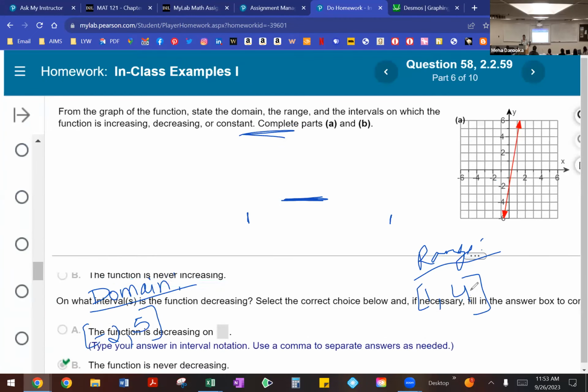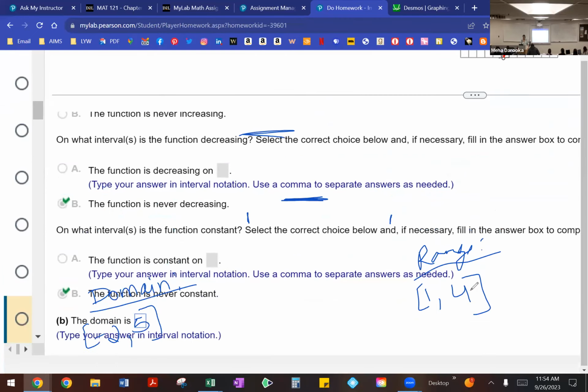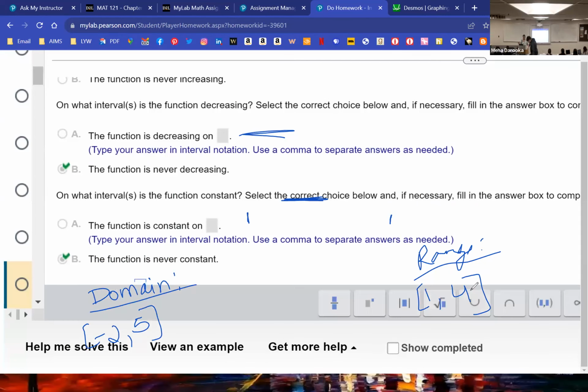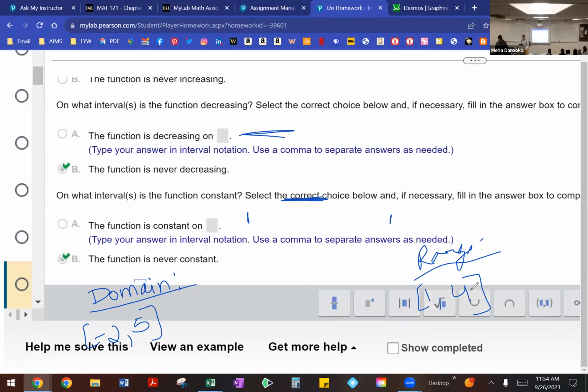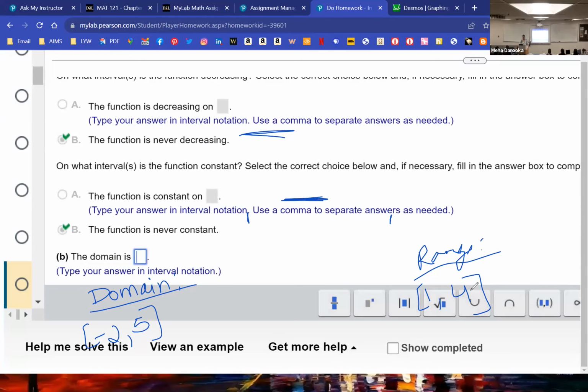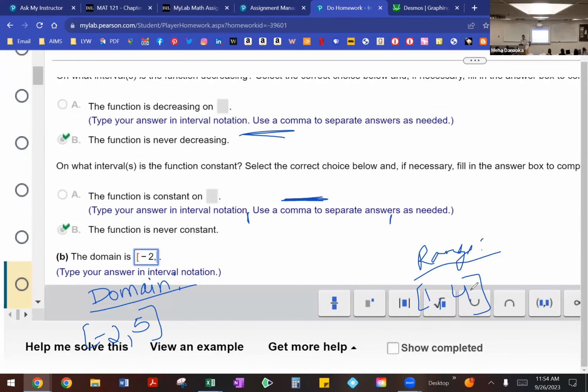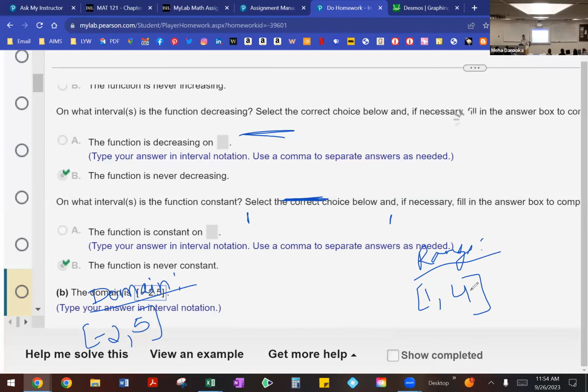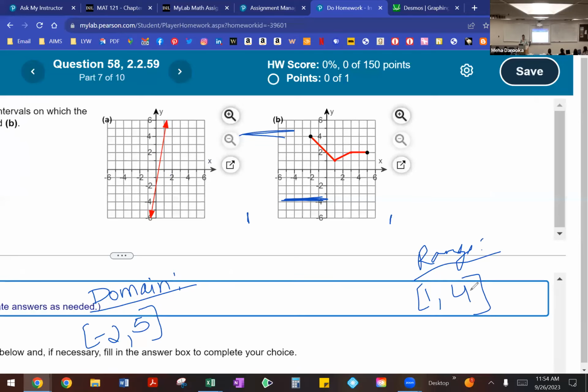Great, so let's begin under domain. The name is bracket, -2, 5, close on bracket. Okay, that all looks good.